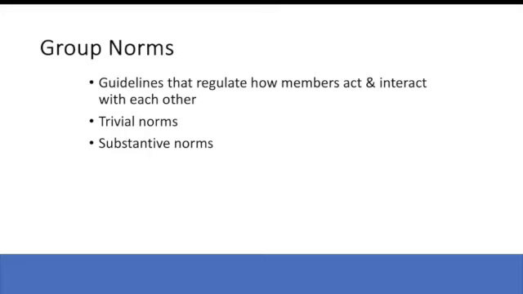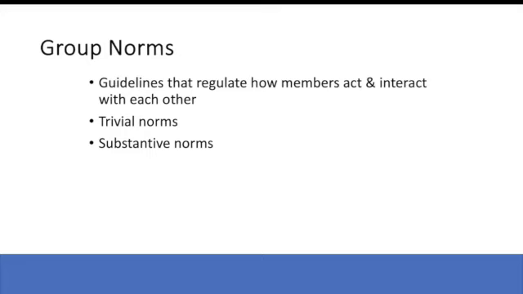And then the substantive norms have an impact on group cohesion as well. Violating those can lead to significant conflicts or breakdowns in the group functioning. If there's a group norm about equal participation and that gets ignored, and some members dominate the conversation, that can result in resentment and disengagement by other people, right?